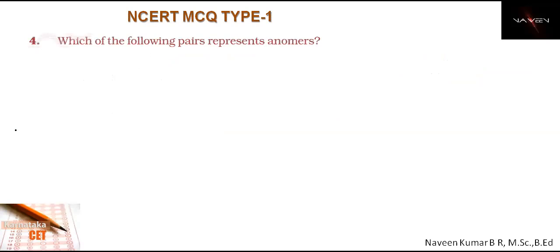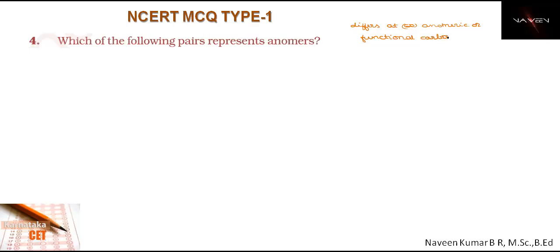So we'll observe the next question. Which of the following pairs represents anomers? You can recall the concept. Anomers differ only at the anomeric carbon or functional carbon.